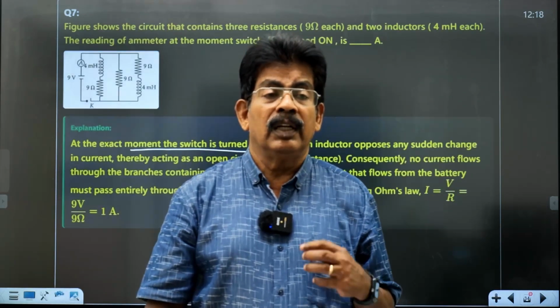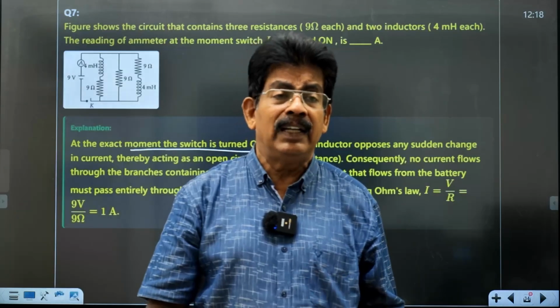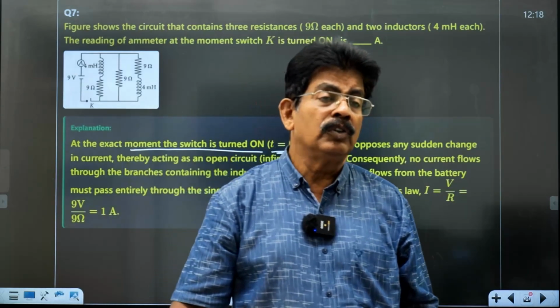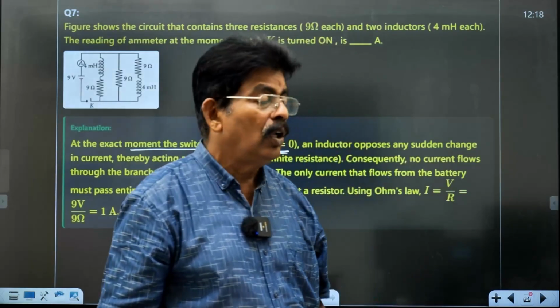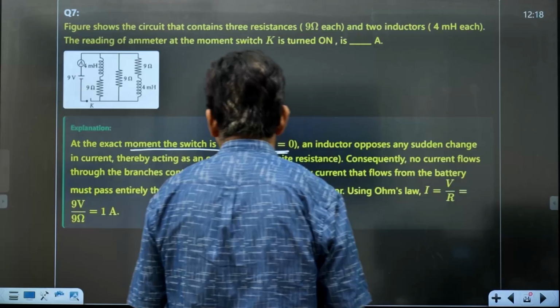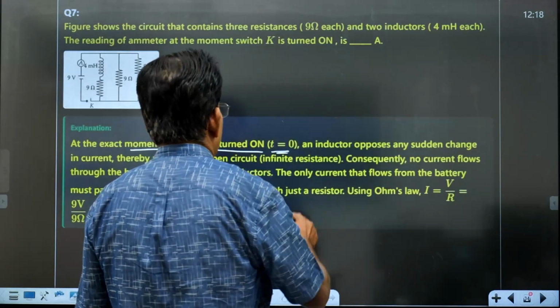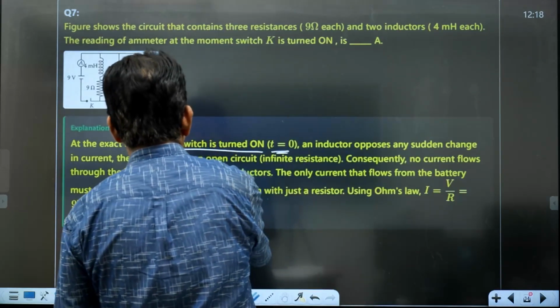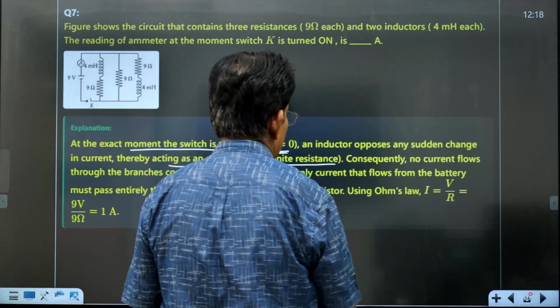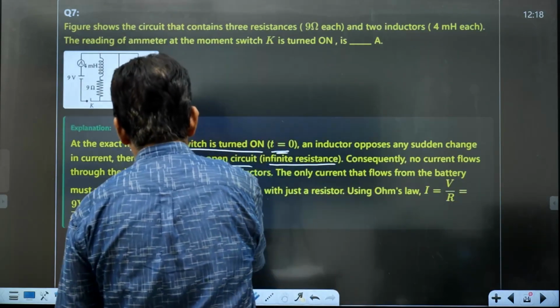That causes a very large, infinite back EMF. It will offer infinite impedance to the current flow. So just after switching on, no current will pass through the inductor branch. The inductor acts as an open circuit, meaning no current will be passing through it.